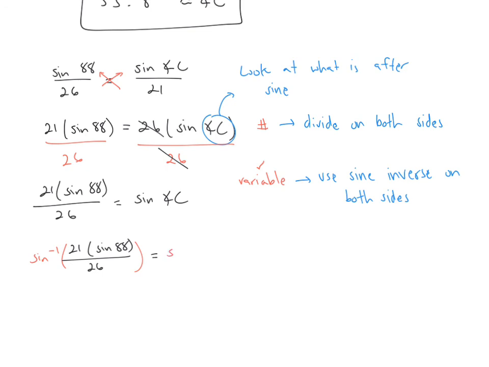And this is, of course, equal to sine inverse of sine of angle C. My sine inverse and sines cancel out, and I end up with the exact same answer as we had earlier, which is sine inverse of 21 times sine of 88, all divided by 26. And this is equal to angle C. And this, again, was where we needed to put in the calculator to get our final answer.